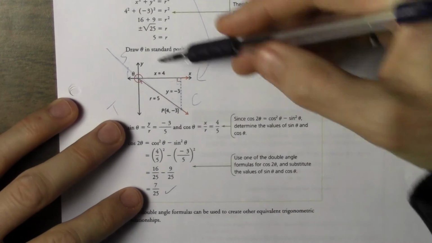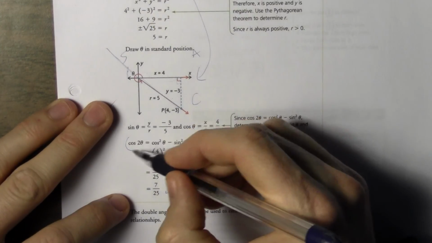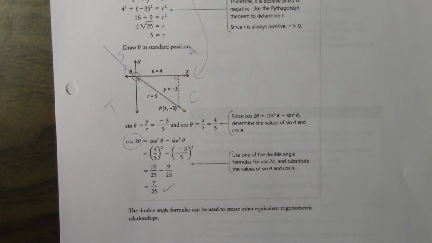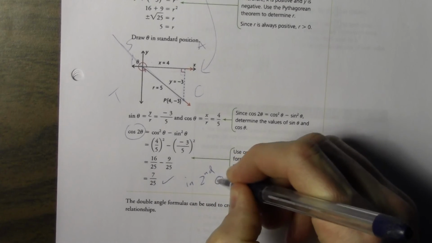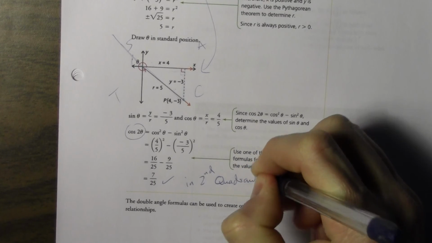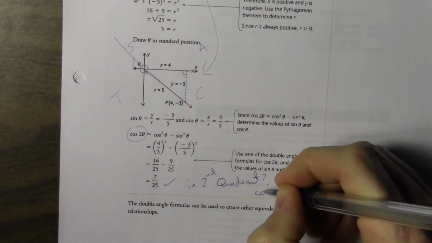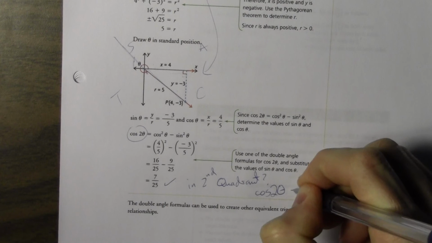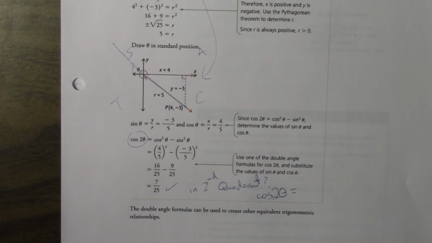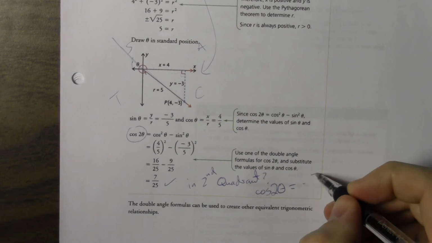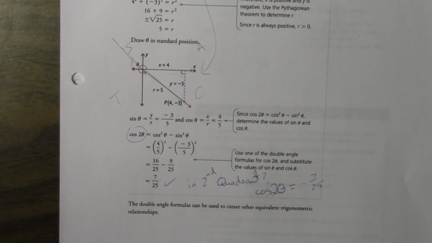What would the answer have been in the second quadrant? What would cos 2 theta have been? Yeah, Jungkook? Negative 7 over 25? Yeah.